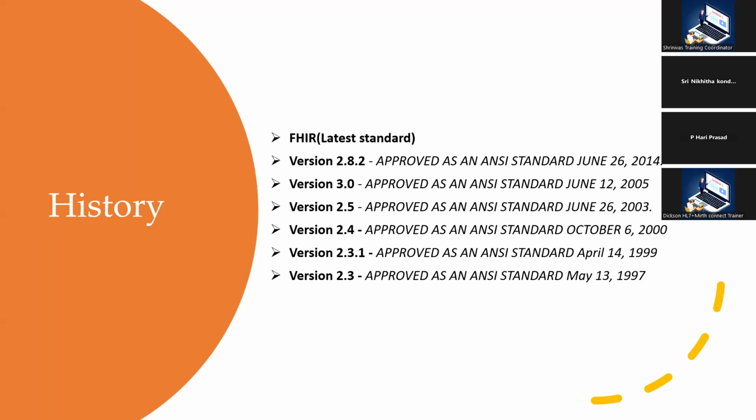FHIR as a standard is the latest standard, and it is not like HL7 V2 or HL7 V3. It is completely based on the REST API model, and it supports many aspects like developing mobile apps, exchanging data through APIs, and so on. Many ask me whether FHIR will replace HL7 V2.